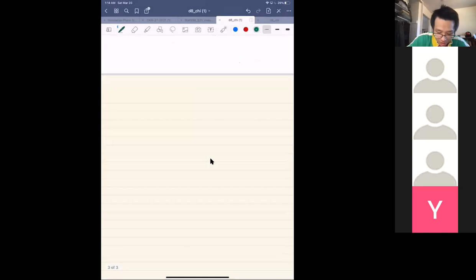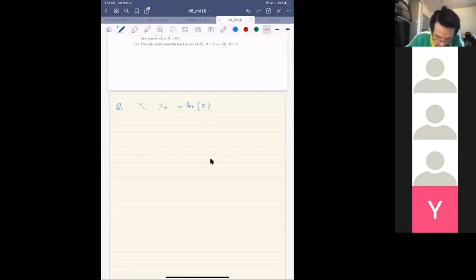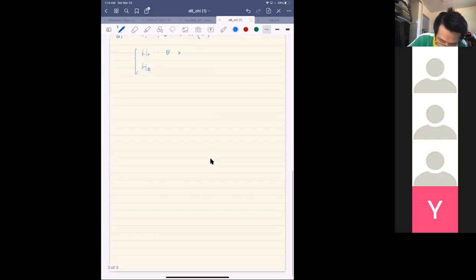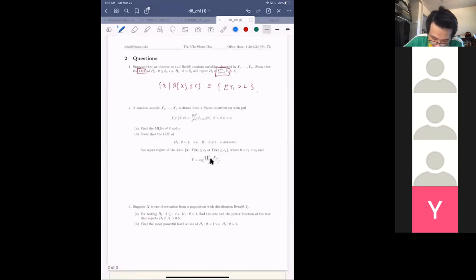So we have Y1 to Yn, Bernoulli theta. And we want to test theta smaller than theta zero versus theta greater than theta zero.